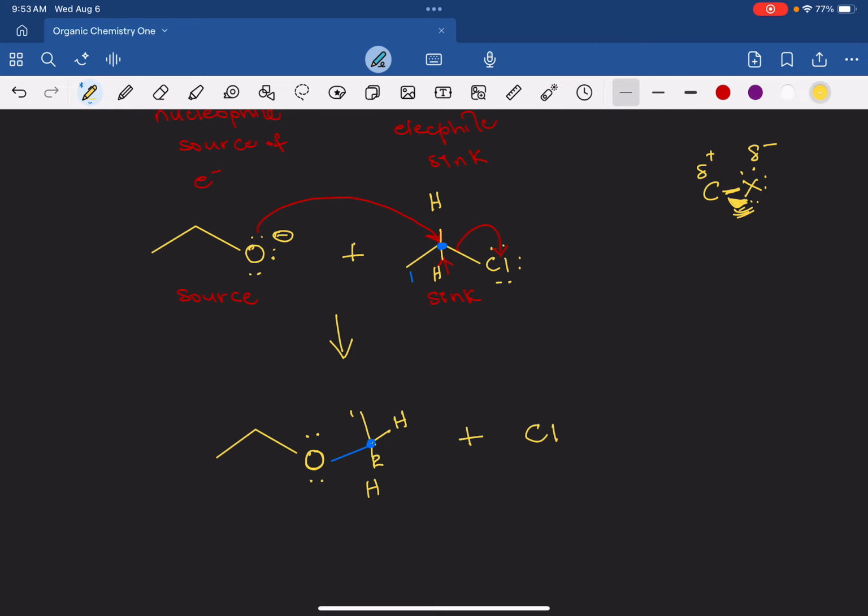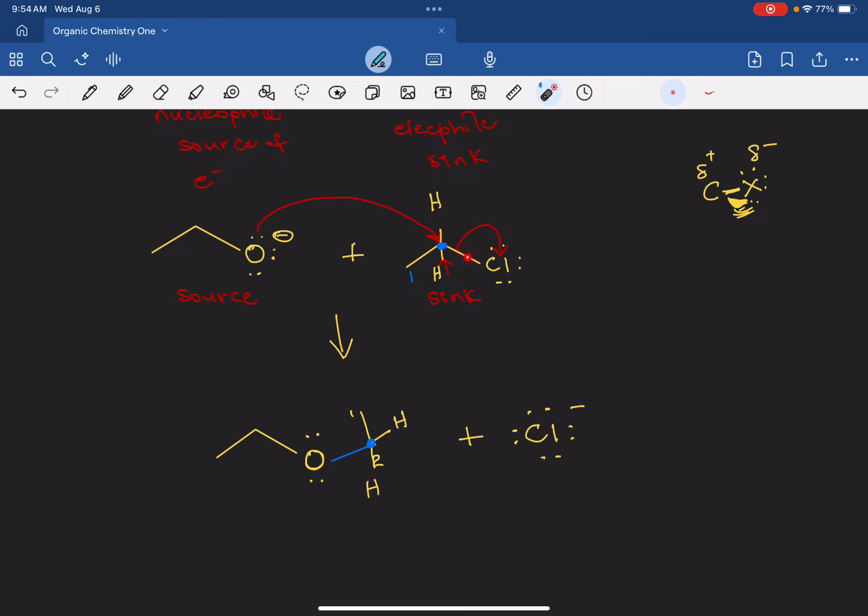So it now has 8, right? So it must have a minus charge, okay? Remember, chlorine here, of course, has no charge. I just explained to you that your halogens with a single bond and 3 lone pairs has no charge.